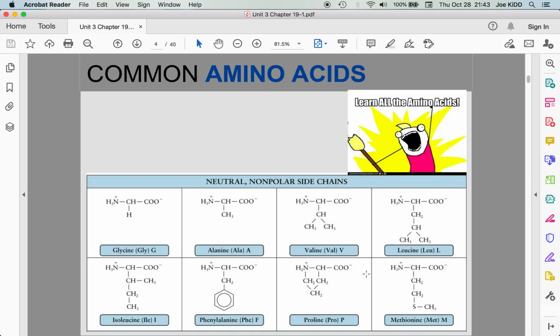Okay, learn all the amino acids. Like I said, most secondary degree testing will ask you something about amino acids and expect you to know the R groups for those. So either making flashcards or a fun Quizlet or something like that will be very helpful here. We're first going to start with the neutral nonpolar side chains.